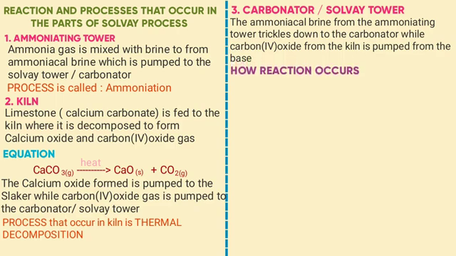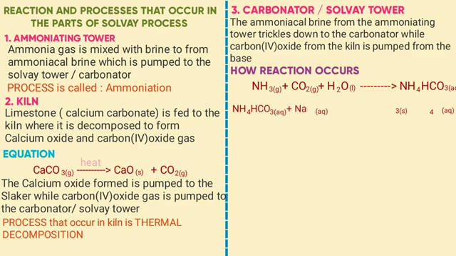The first reaction is ammonia gas plus CO2 gas plus water liquid gives you ammonium hydrogen carbonate. Then ammonium hydrogen carbonate reacts with sodium chloride, which is brine, to give you sodium hydrogen carbonate solid plus ammonium chloride aqueous.